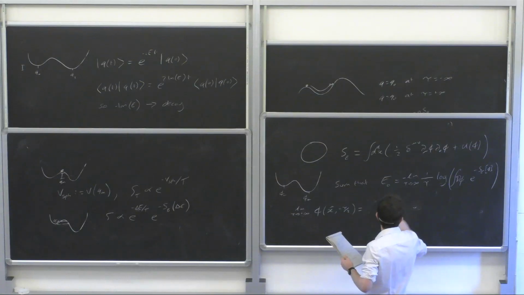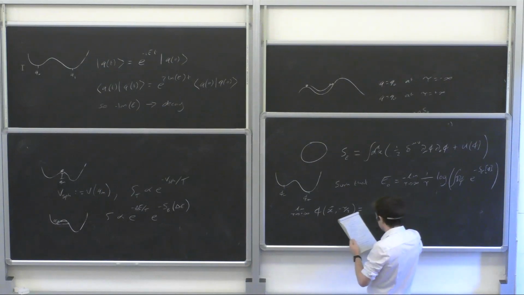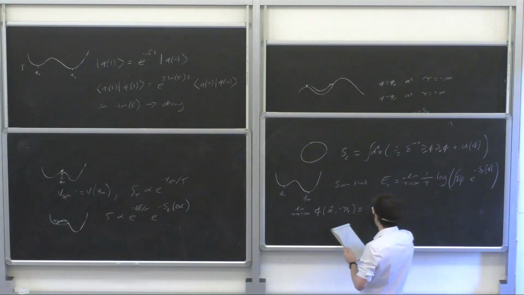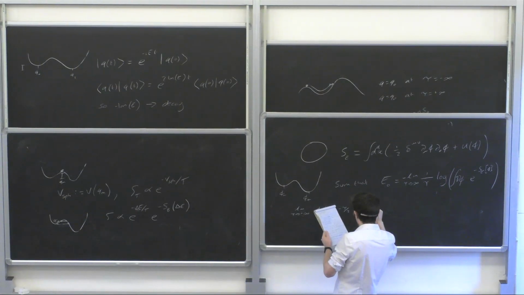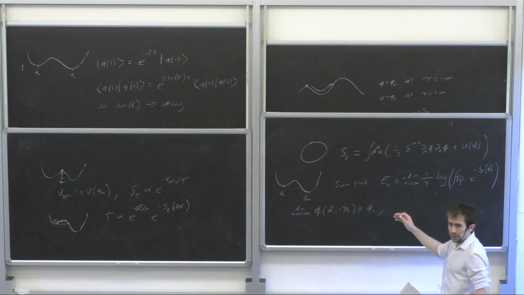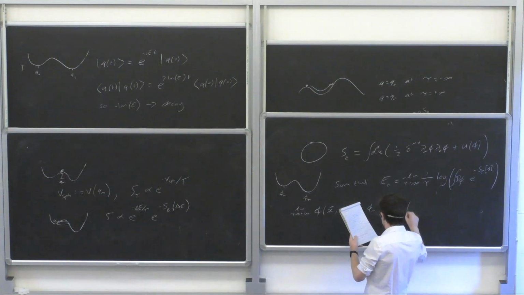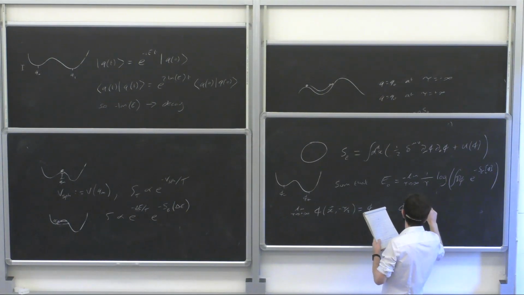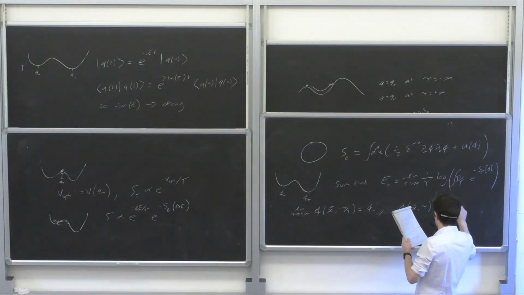Let me write it this way, just to be careful. We also need that the bounce is localized in space, as I say, in order to have finite action. So phi of x tau tends to phi minus.